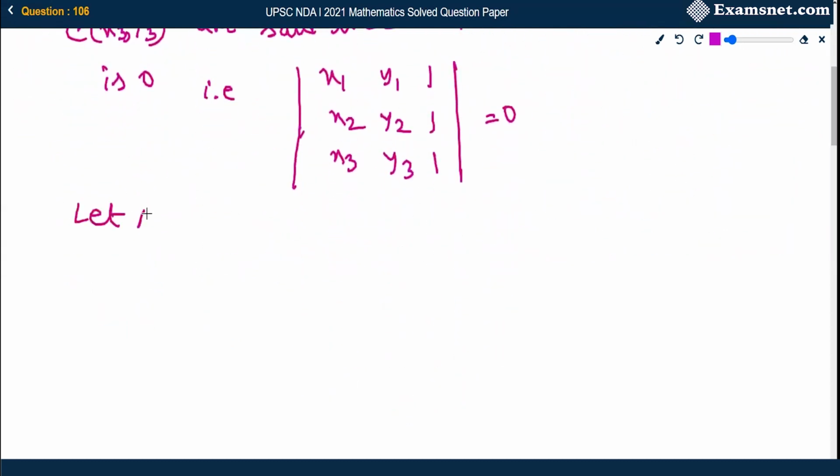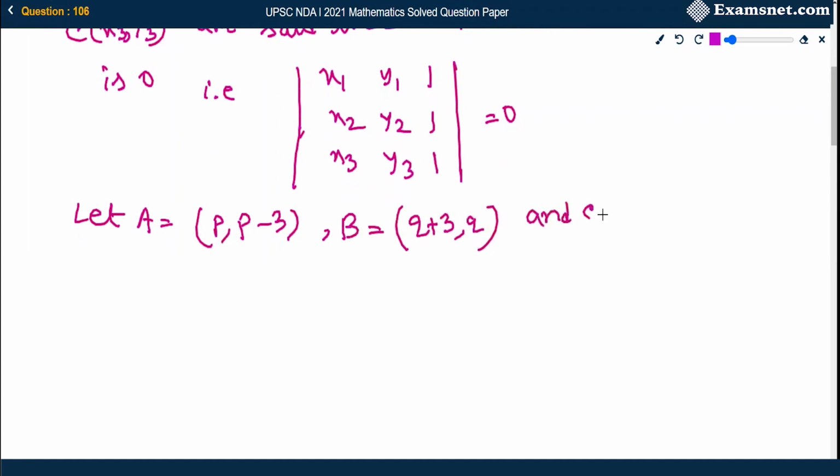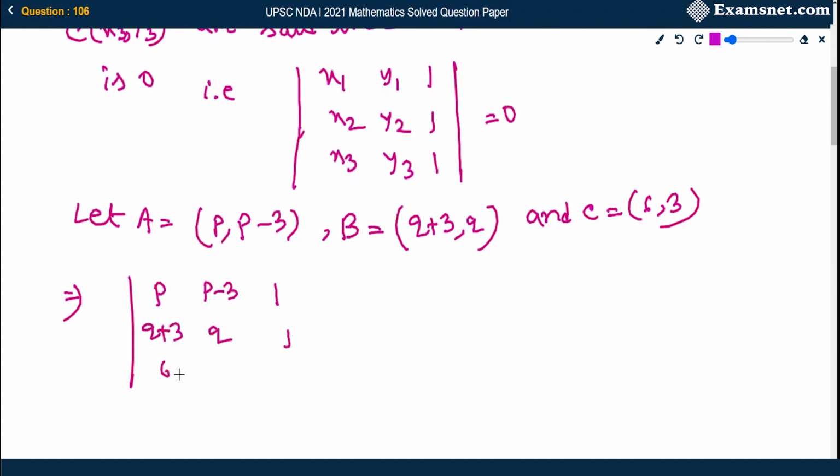Let A equal (p, p minus 3), B equal (q plus 3, q), and C equal (6, 3). So the rows are p, p minus 3, 1; q plus 3, q, 1; 6, 3, 1.